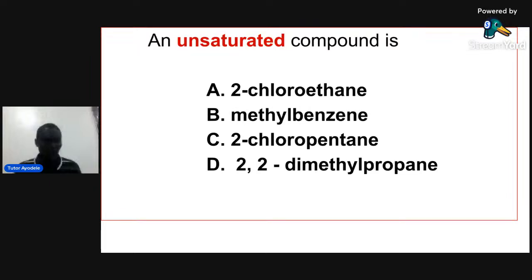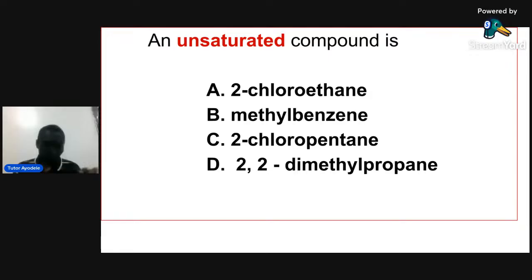An unsaturated compound is... Don't forget. You look at all these options given here. Anyone that ends with the last 3 letters of alkanes, ANE, is always saturated.